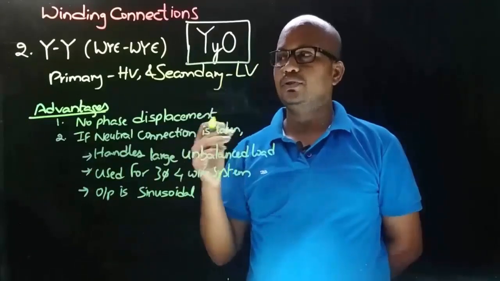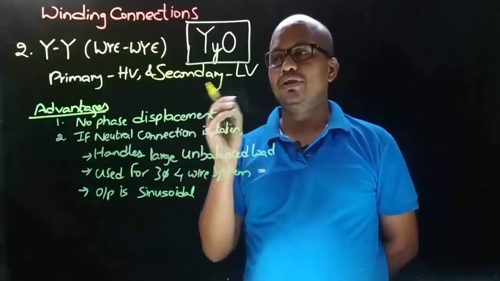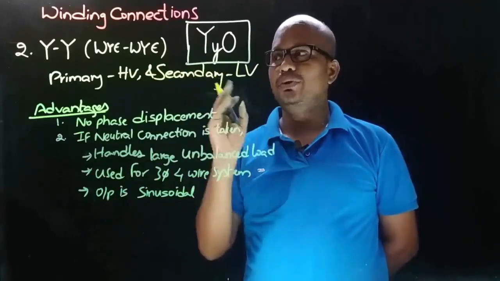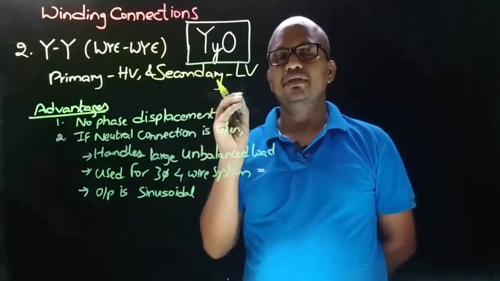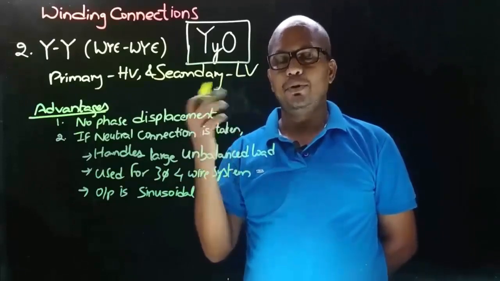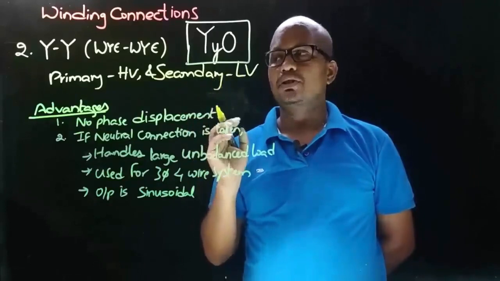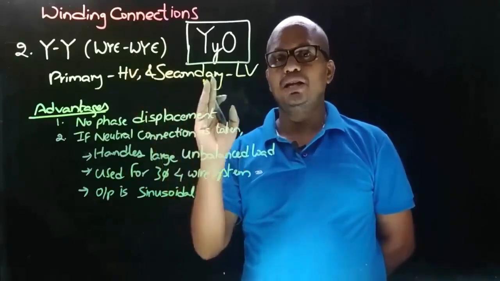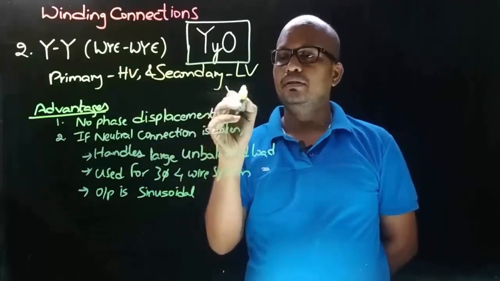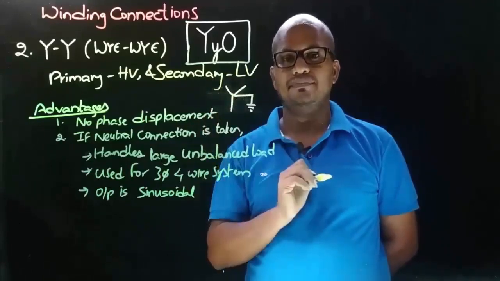Output is sinusoidal means we know that in phases there will be triple harmonics, because of which we are getting non-sinusoidal output. So to get sinusoidal output in phases, the triple harmonics must be reduced to 0. So how can we reduce the triple harmonics to 0? Means by providing a path to those triple harmonics. So in star connection, that path is provided by the neutral connection like this.